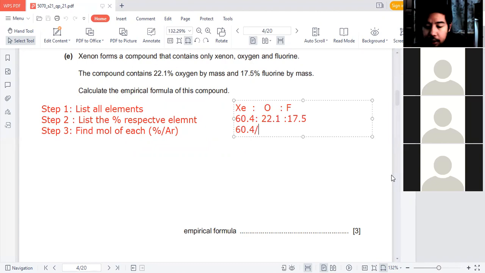I don't have the periodic table. Let me check the periodic table. Oh, it's still covered over there. Okay, I'm going to drag it a little bit.